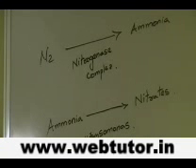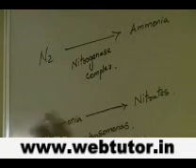Heard of this? Nitrosomonas and Nitrobacter. Both these will help in conversion of ammonia to nitrates, and they are also known as nitrifying bacteria. Now, what Nitrosomonas does is it converts your ammonia to nitrite, and Nitrobacter converts your nitrite to nitrate. Two-step process.